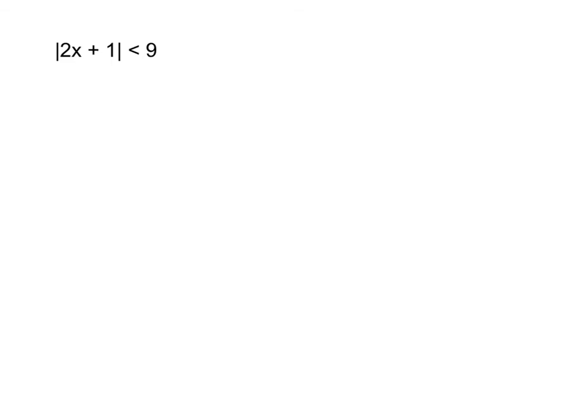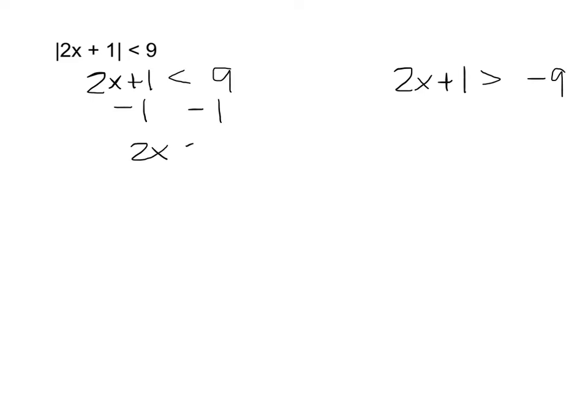Same idea here. I'm going to make my two inequalities. My suggestion is write them down. Notice the 2x plus 1 doesn't change. Keep the symbol. Flip the symbol. Little more work here, but not anything that's much harder. x is less than 4.